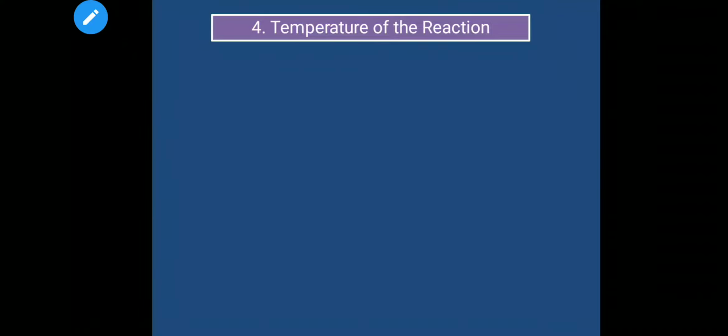In winter this reaction requires a long time period, while at high temperature in summer the rate of setting of milk increases due to increasing temperature. So this example shows that the temperature also influences the rate of the reaction.